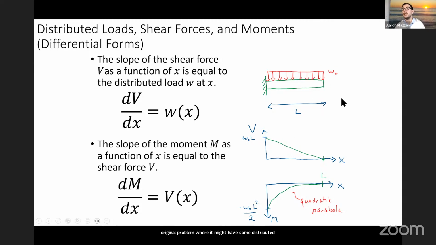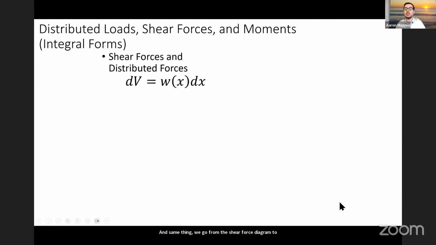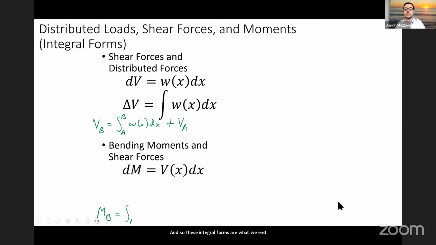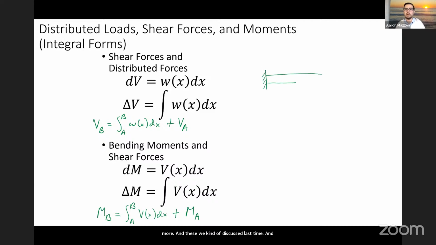If we're going the other direction, from a problem where they give you some distributed force to a shear force diagram, then we take an integral. Same thing, we go from the shear force diagram to the bending moment diagram, taking another integral. These integral forms are what we end up using more. We discussed these last time, and I just want to speed through this so that we get to fully understand some examples.